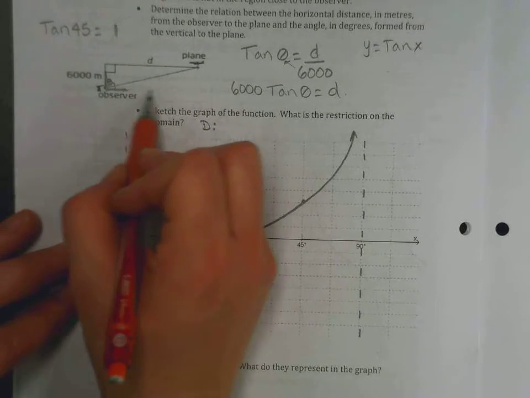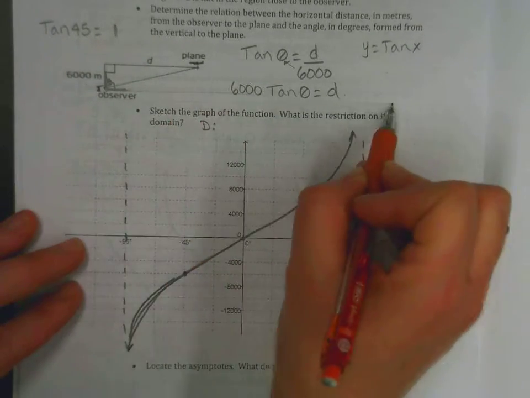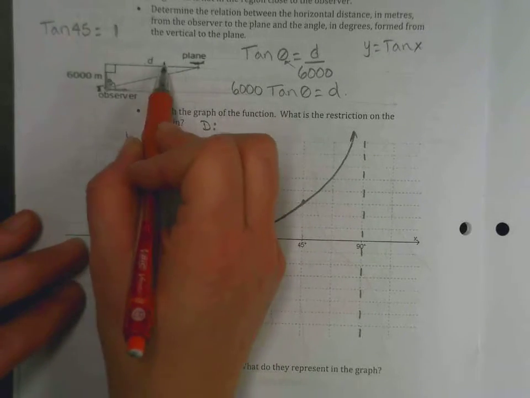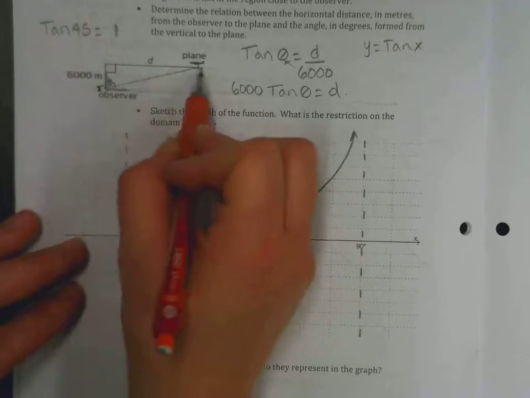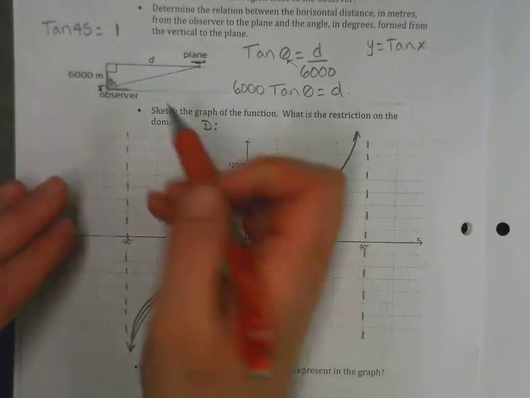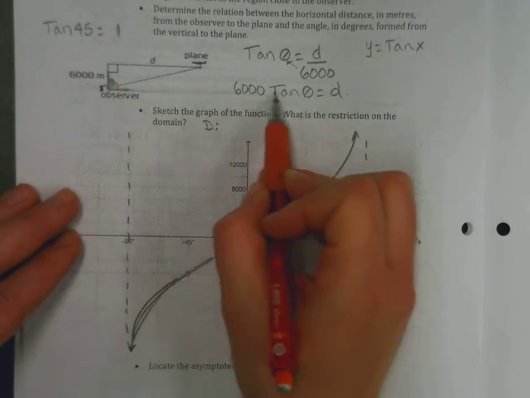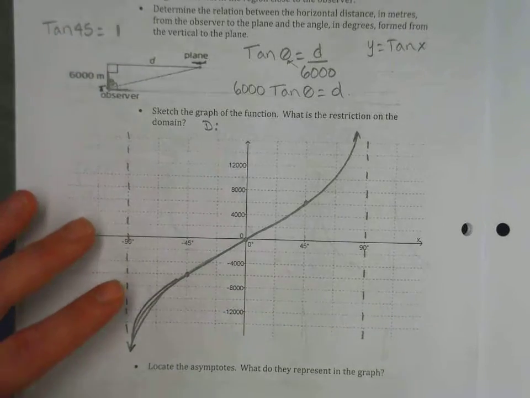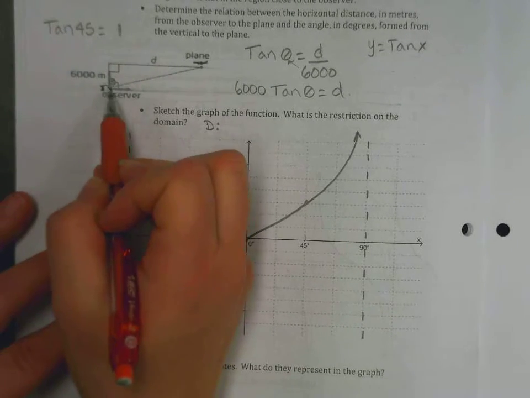And the answer is no, because if this ever reaches 90 degrees, then the sight line is going to be parallel with the plane, which means I'm not going to be able to see the plane. We might get to an angle that is very, very close to 90 and see the plane way, way far in the distance, but this angle should never be 90.